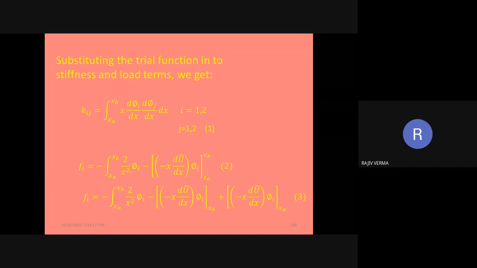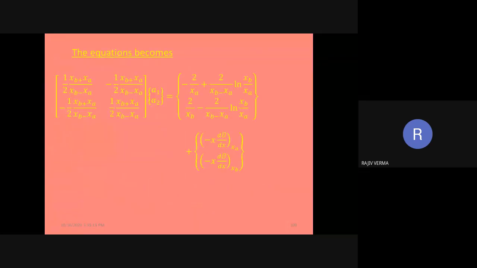So we have Kij, Fi, that is given by equation number 2. And in equation number 2, the boundary term, that is the second term on the right of equation number 2, has been expanded. The equation becomes this.